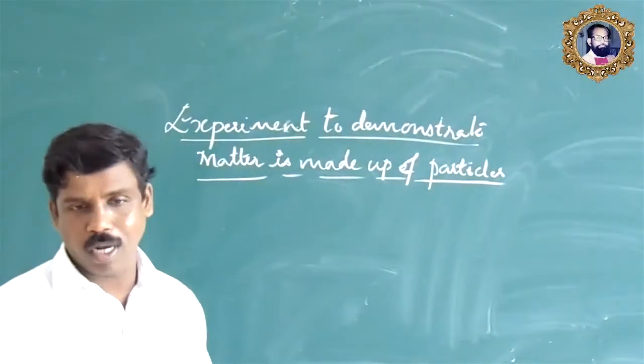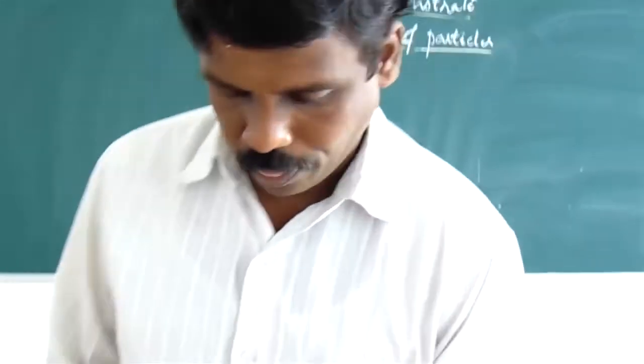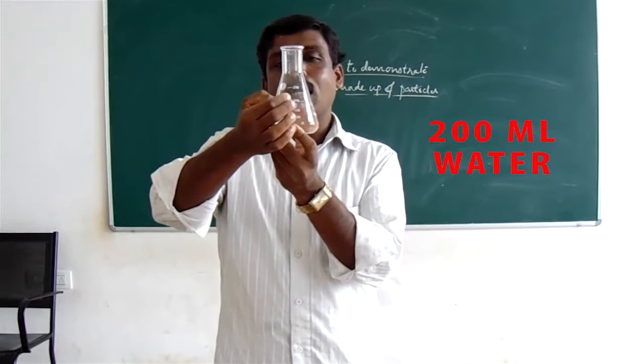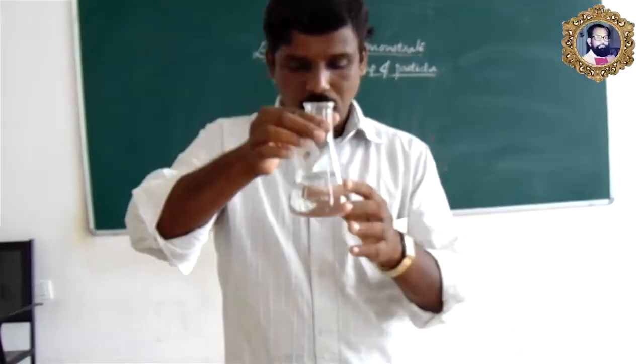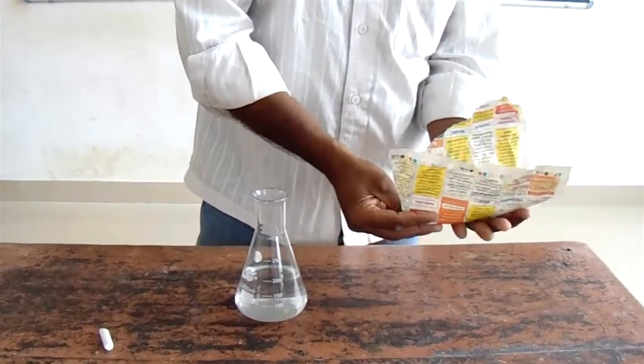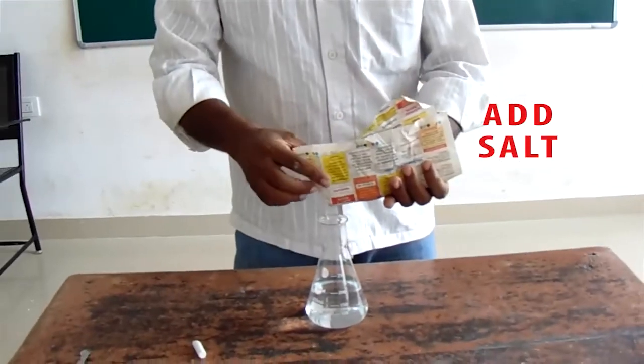I am conducting this experiment now. See what I am going to do now. I have taken 200 ml of water in a conical flask. For this, now I am going to add salt.